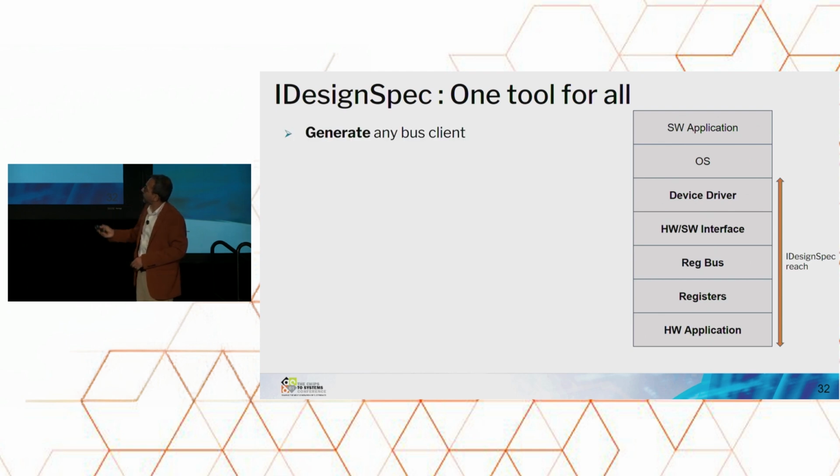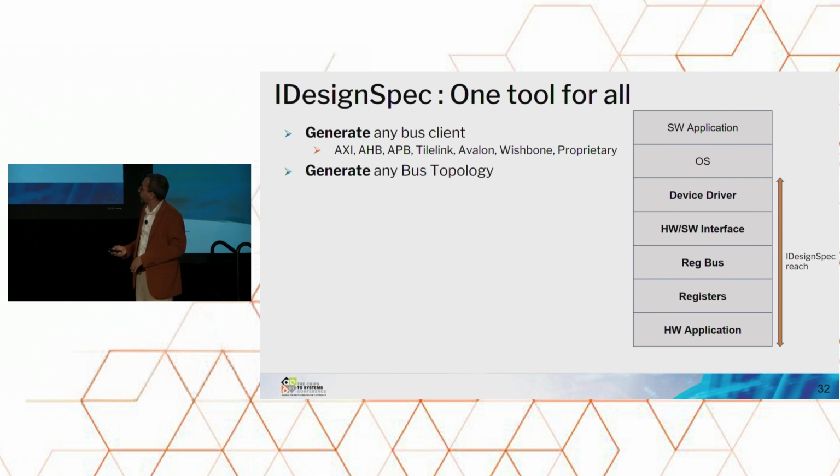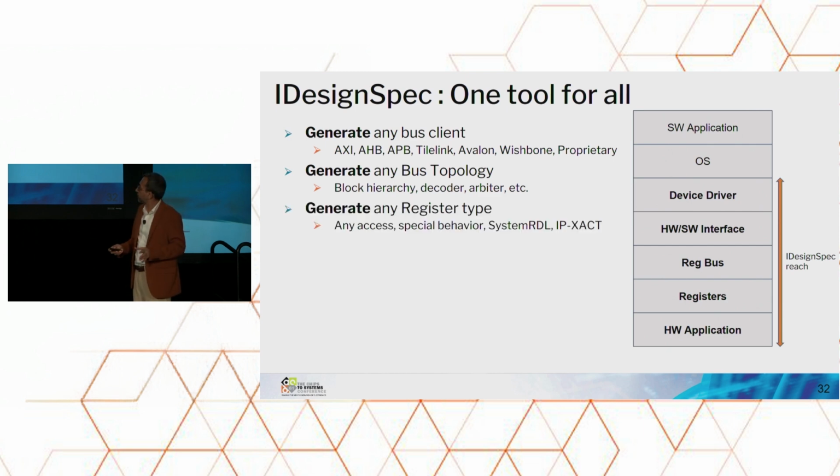So generate any bus client at the very low level, at the hardware level. Then generate any bus topology. You can configure how you want to connect those things, how you want to put the hierarchy, where you're going to put the decoders, where the arbiters. Generate any register type or any access, any special behavior.